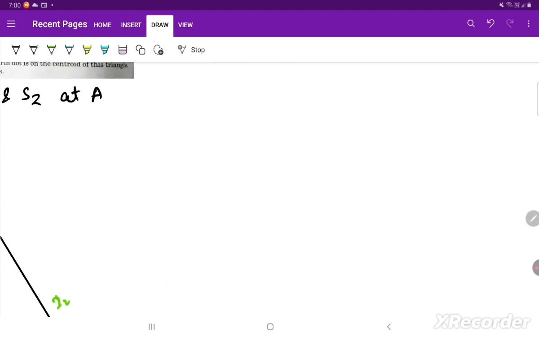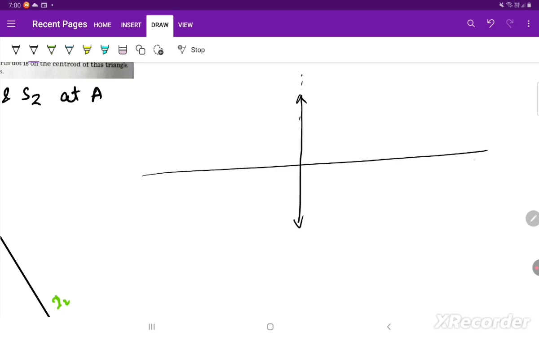Now consider a little theorem. You can treat it like a theorem. This is my lens and the perpendicular bisector is my axis.